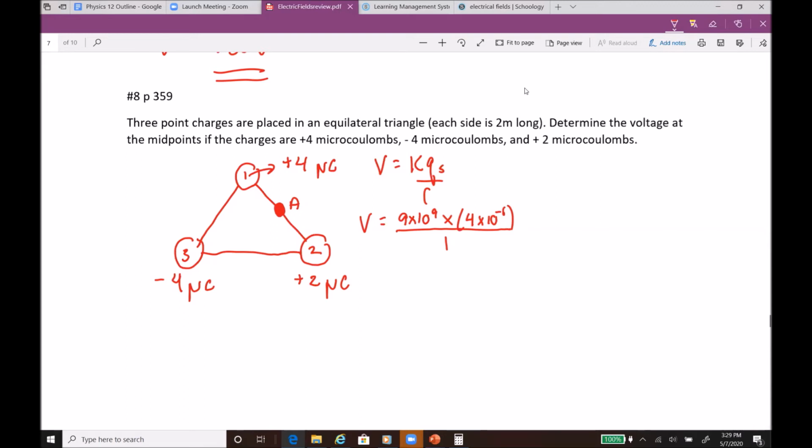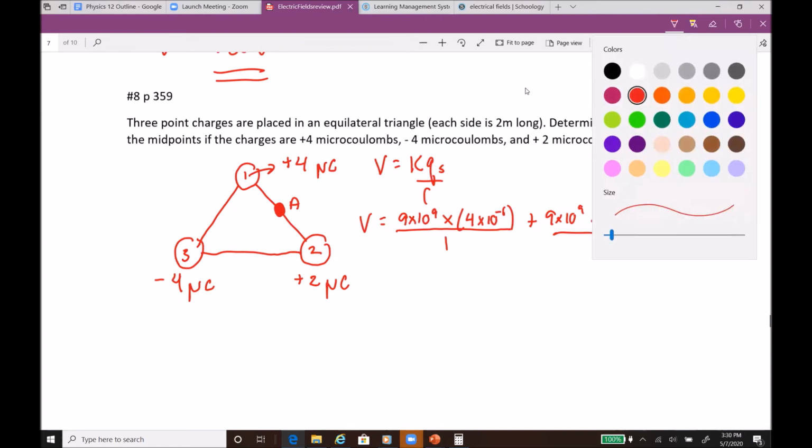The other object, call it 2, would be 9 times 10 to the 9 times 2 times 10 to the minus 6, and it's also 1 meter away. Now, the other object is not 1 meter away.